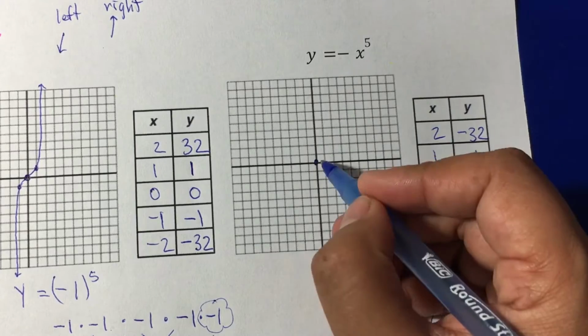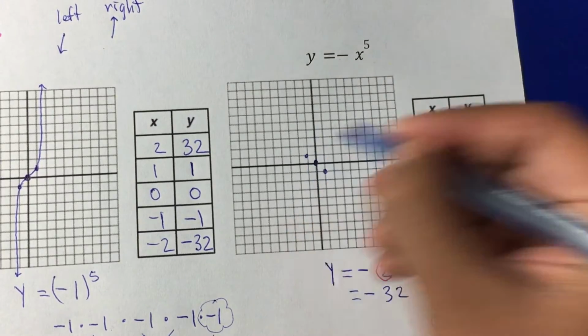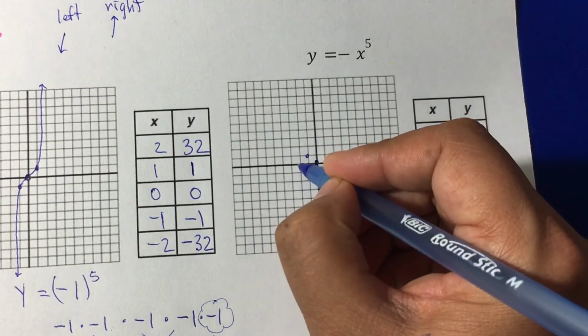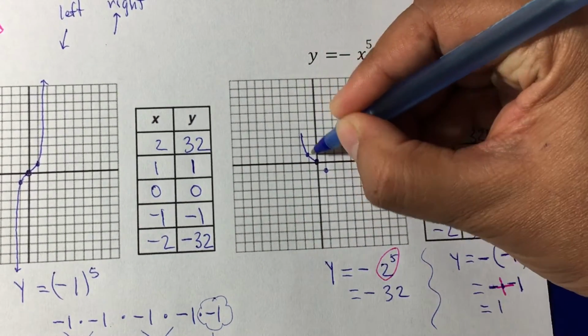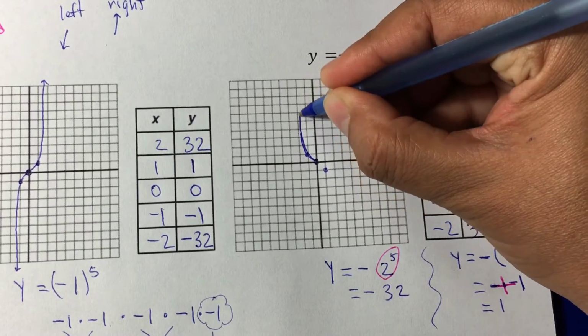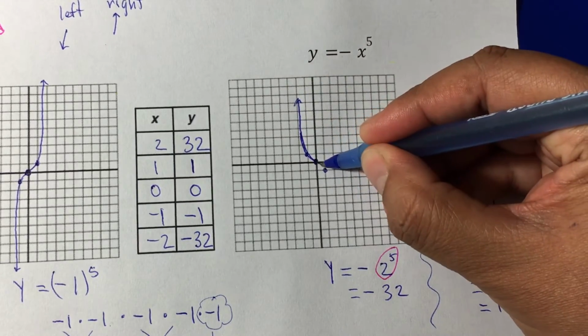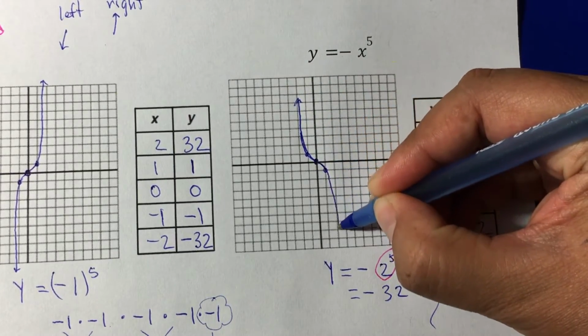And then negative 1, positive 1, negative 2, way up there. So again, we can't really see that, but we know that after 1, it goes super fast. So fast that we can't even graph some of those points.